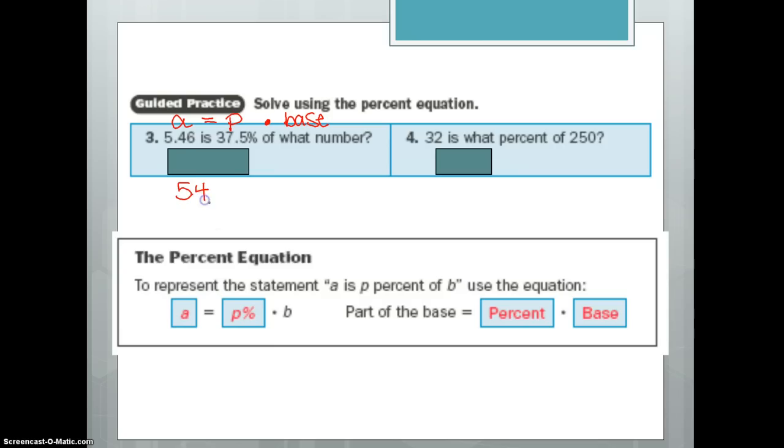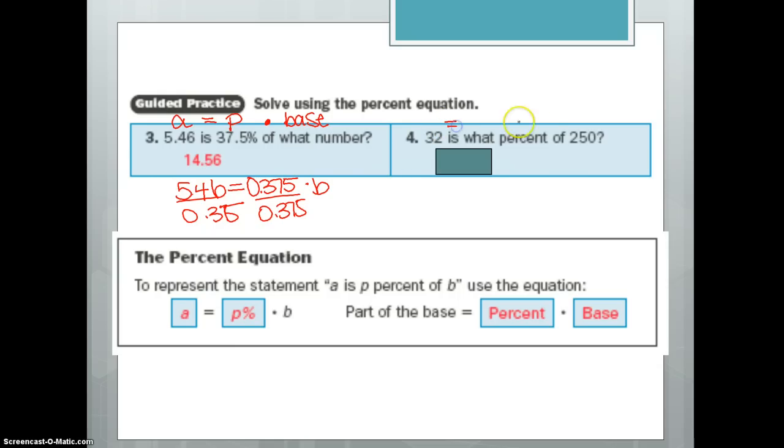Pause the video and try 3 and 4. Change the percent to a decimal. And then I want to divide by the decimal. .56 is the base.